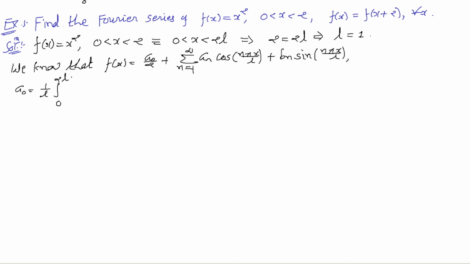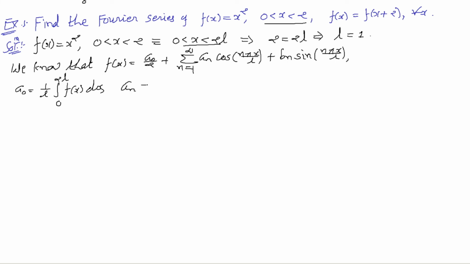See, in the definition I was writing C to C plus 2L. Right. Now everywhere no need to mention that C to C plus 2L. The fundamental domain is this 0 to 2L. Right. So you can write 0 to 2L f of x dx.